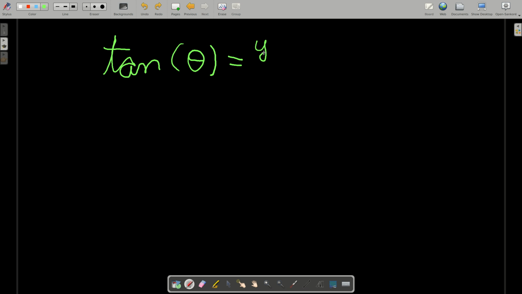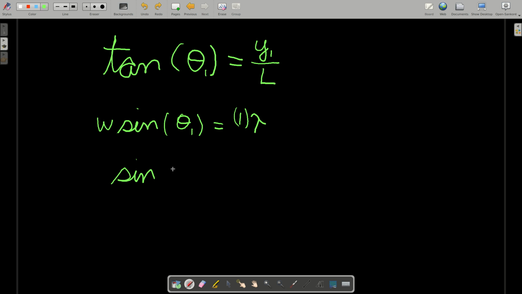Opposite is y, in this case y1, over L. We also know that W sine theta is equal to 1 times the wavelength, n is equal to 1, or sine of theta 1 is equal to, I'm not going to write the 1 anymore, lambda over W.